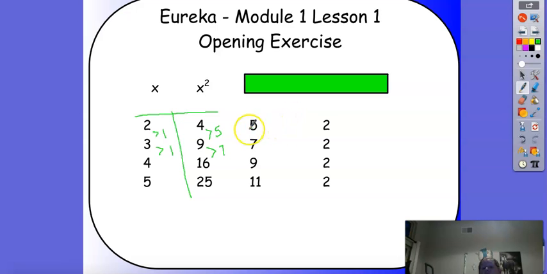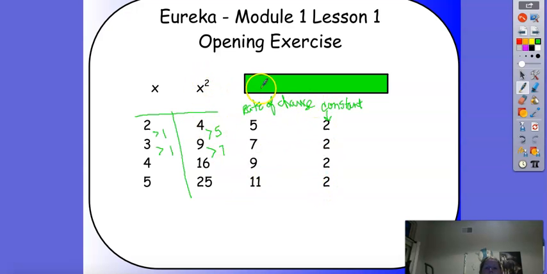The slope is always constant. The difference is 5, 7, 9, 11, 13. And the rate of change is always constant. It's always 2. Okay? So do you notice it's always 2.